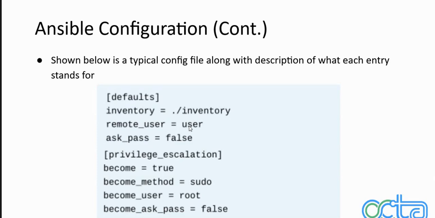And then, when you go and connect to a remote machine, as which user you should connect, that is mentioned in remote user. Now when you try to connect, is this connectivity enabled via SSH with a passwordless, key-based mechanism, or should it ask for password?